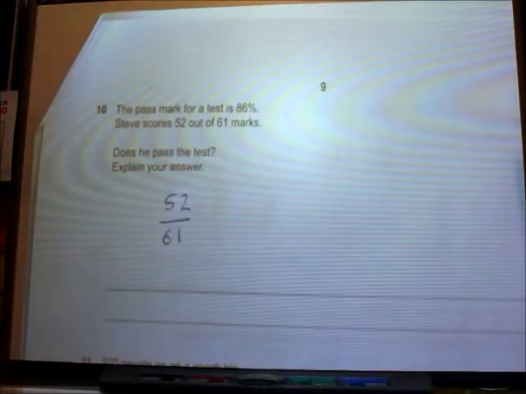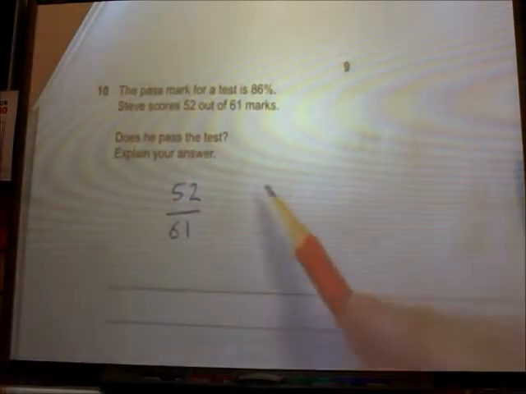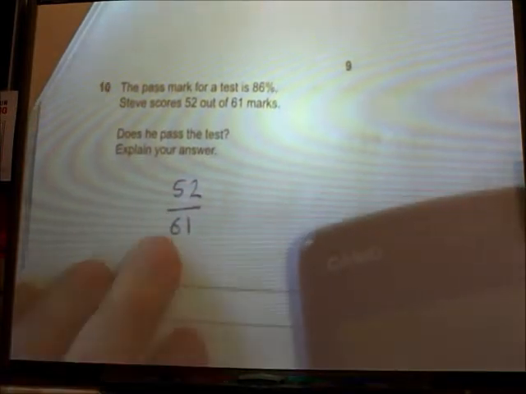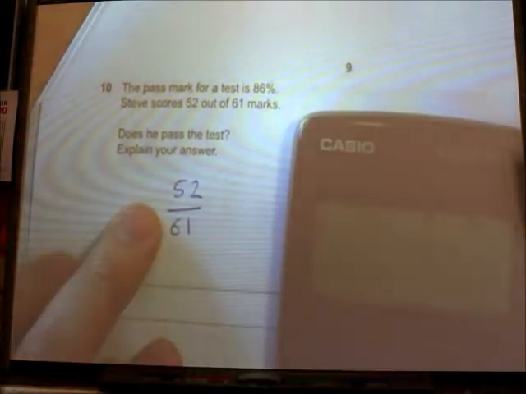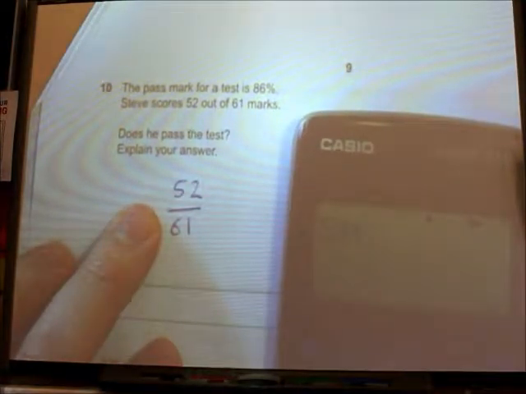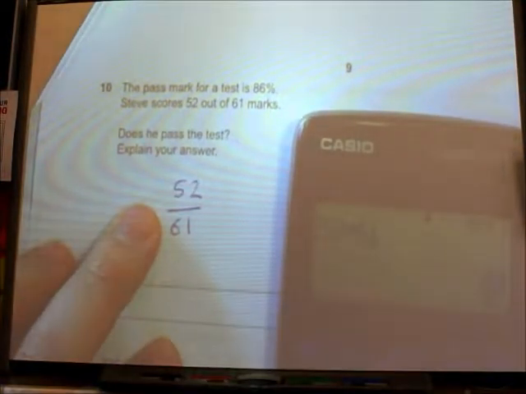Question number 10. The pass mark for a test is 86%. Steve gets 52 out of 61. All I've done there is written it as a fraction. Did he pass the test? Right. 52 out of 61. That's a divide. So 52 over 61 on your calculator, and that comes out to, oh goodness me, quite a big long number.